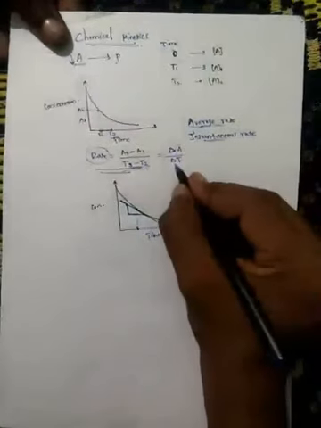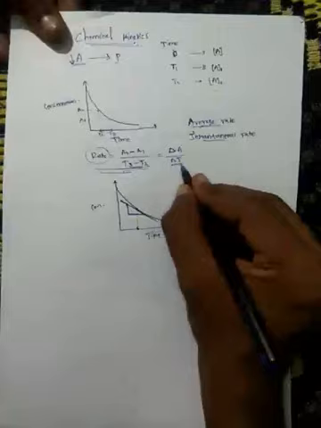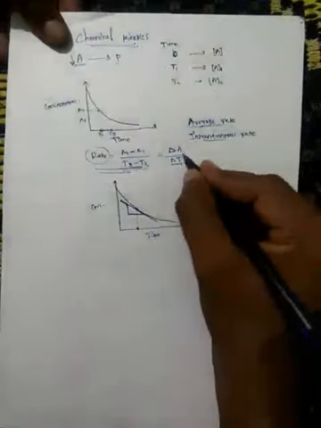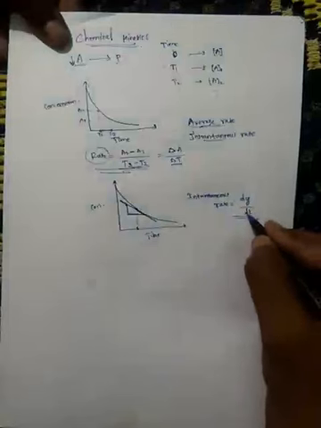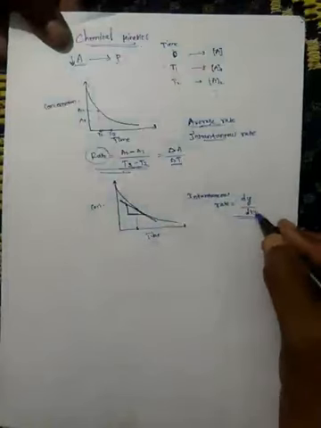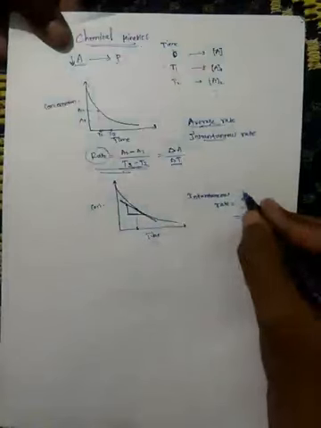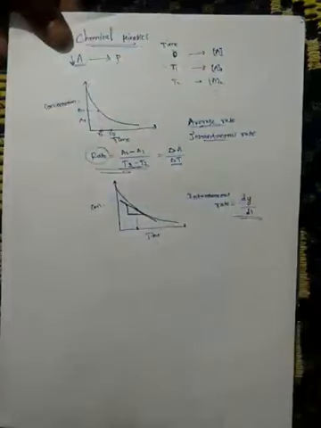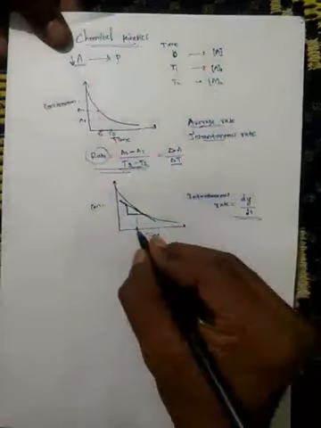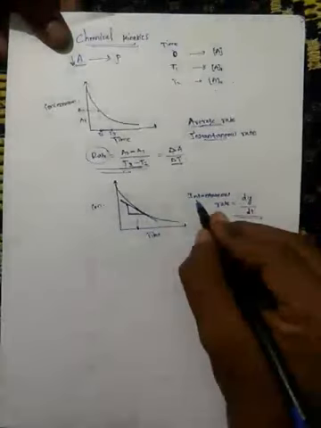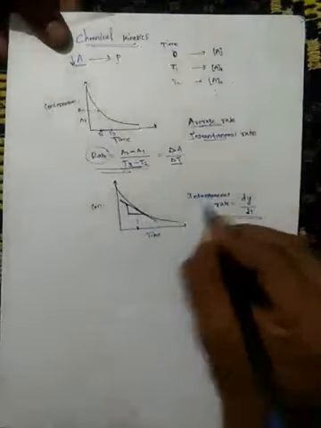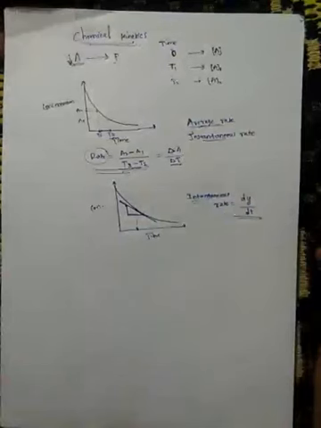So here the time interval will be large, and accordingly the concentration difference also will be large. Here the time interval is as small as possible, and dy also will be very small. So at every point you are measuring the concentration. So that is the meaning of instantaneous rate and average rate.